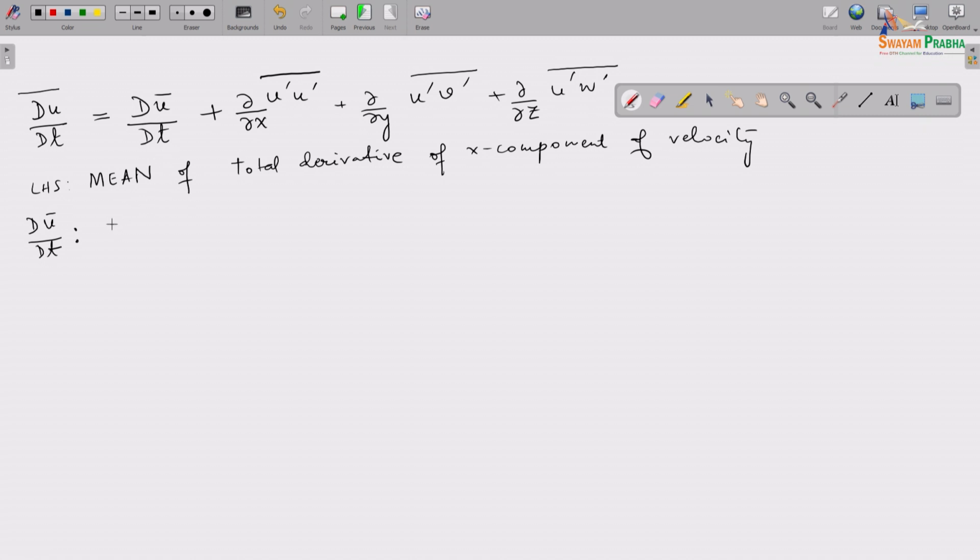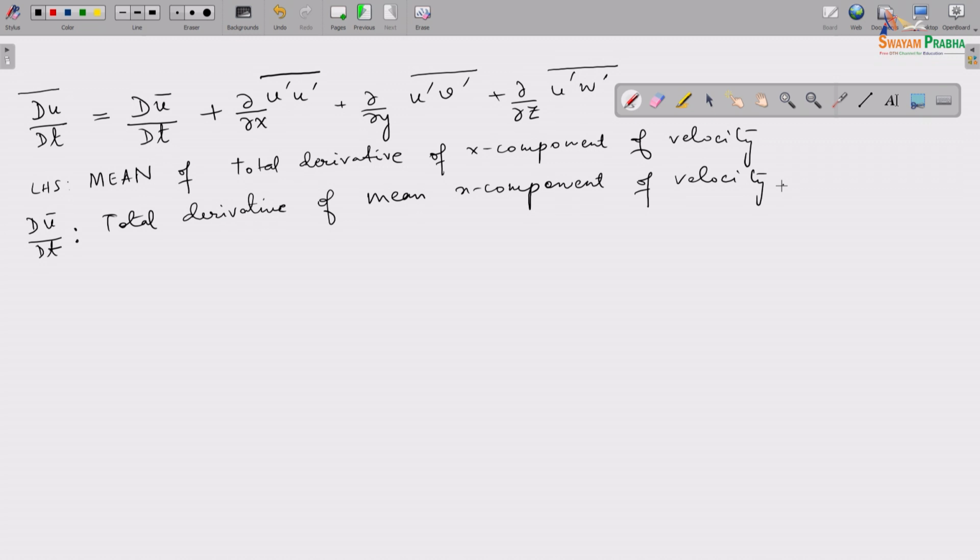This is the total derivative of mean x component of velocity, and the left hand side is essentially the mean of the total derivative of x component of velocity. That is the difference. Okay.